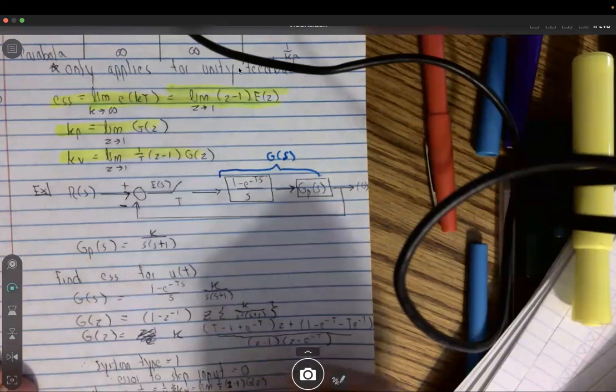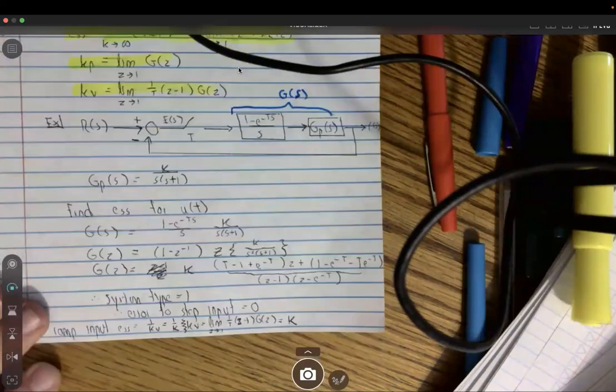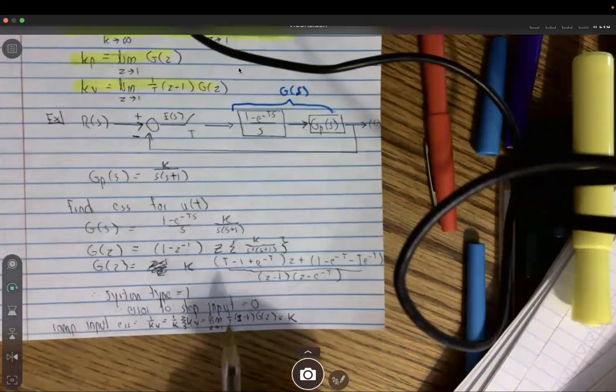So this should give you k here, and then you get 1 over k.